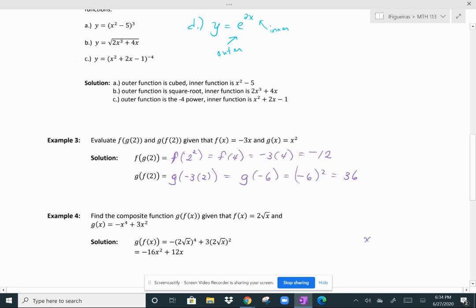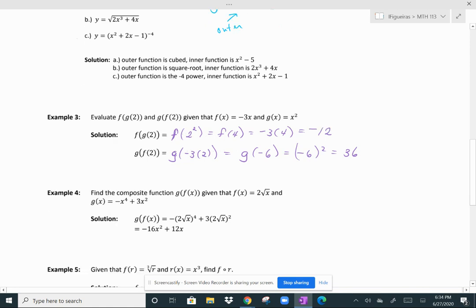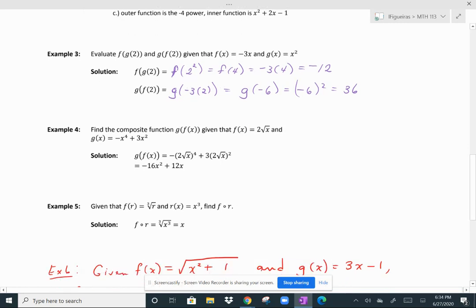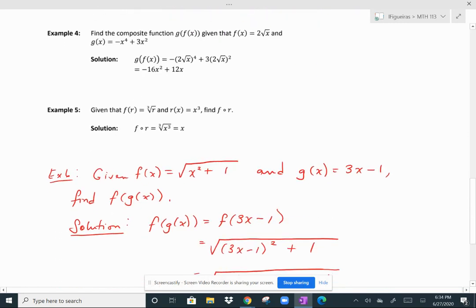Okay, so let's move on to the next example. Here I have f of r is the cube root of r, and r of x is x cubed. Notice that there are different variables here, but that's still okay. We want to find f of r. That's just different notation to ask you to find the composite.